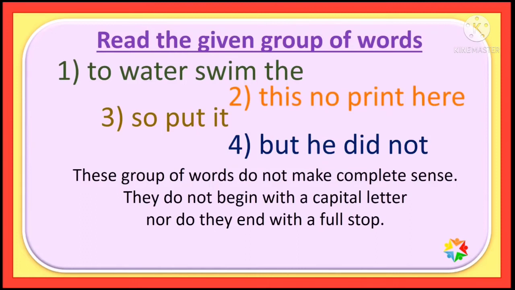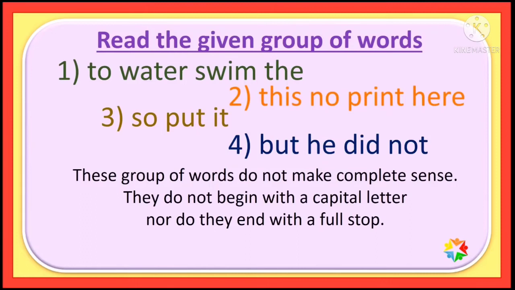See number 4. But he did not. Again, it is not making any sense. So these groups of words do not make complete sense. They do not begin with a capital letter. They do not end with a full stop. And the words are not kept at a proper place or in a correct sequence.